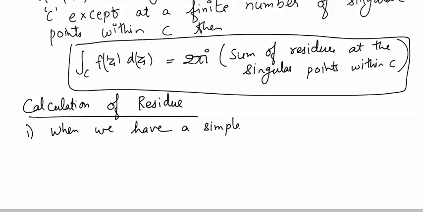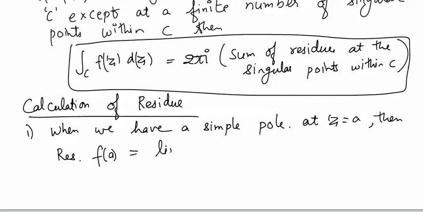Simple pole is of degree 1, at z equal to a, let's say. Then residue of f at a is nothing but limit z tends to a of z minus a times f z, simply, right?